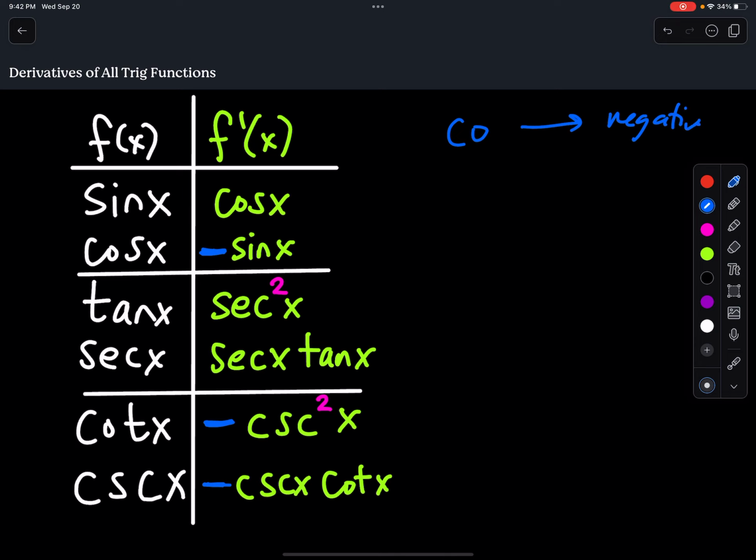I'll just write that out super conceptually, and I did that in blue. The derivative of cosine, cotangent, or cosecant has a negative in the result. So that's our first observation.